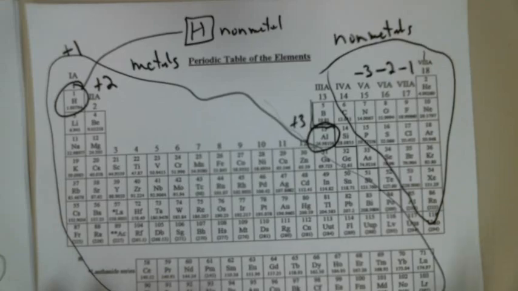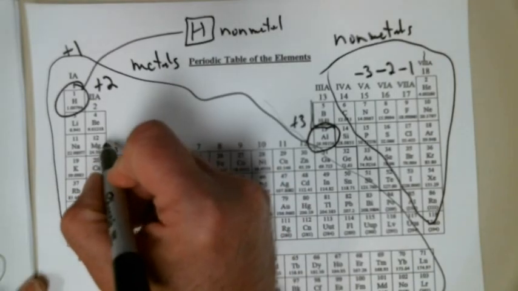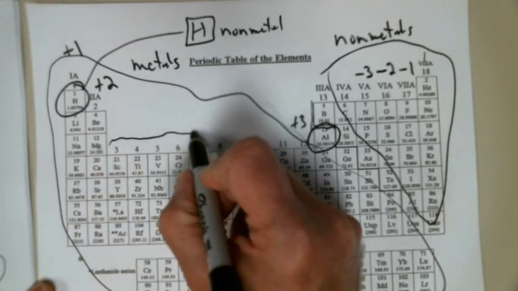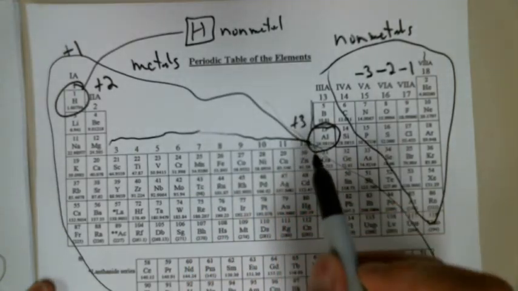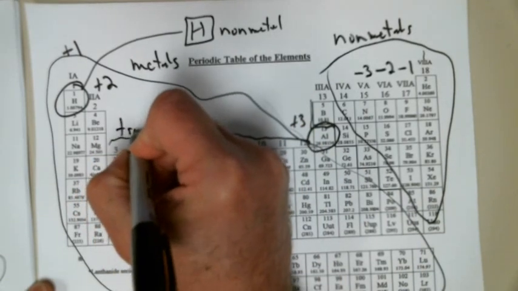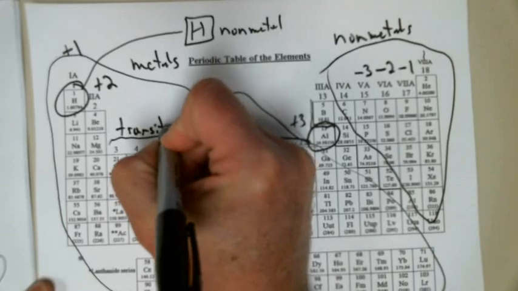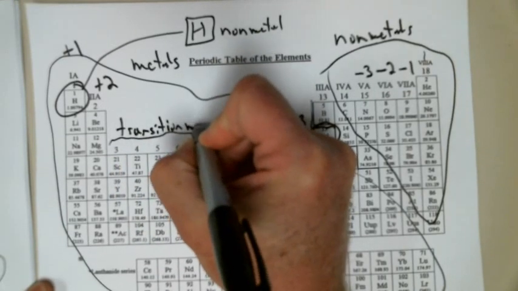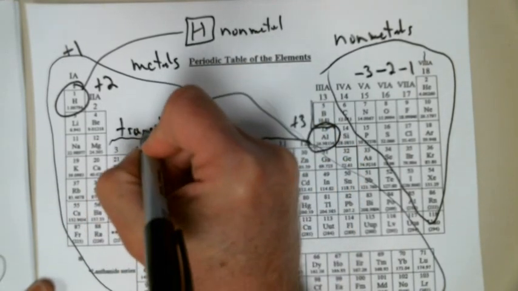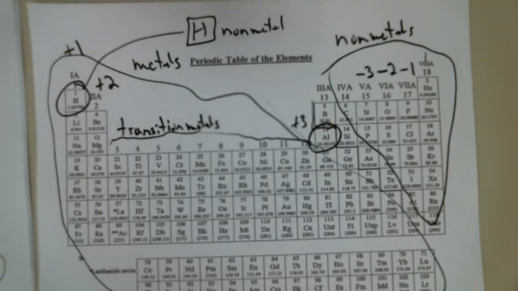All right, so I mentioned a little bit about transition metals. If you remember, transition metals are these ones across here. Again, this makes more sense later on when we talk about electronic configurations, but these have more variability in them because of the electrons that they have available.